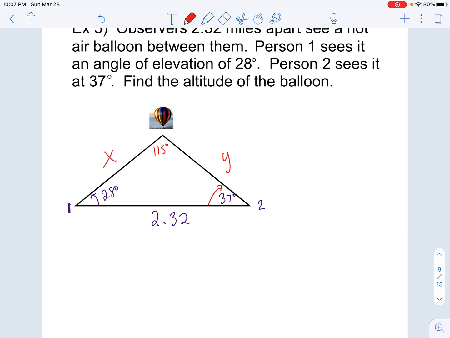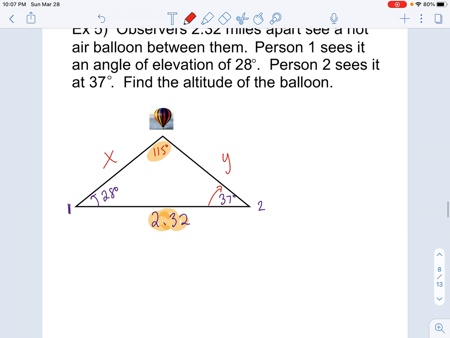If I'm first looking for X, I can go ahead and set up my triangle. I have a full fraction because I have that 115 and that 2.32 down at the bottom. So I know sine of 115 over 2.32.